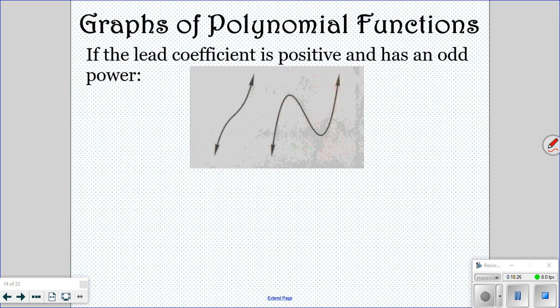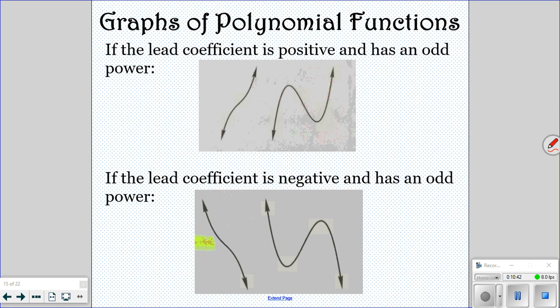Alright, so let's look at some more on what I was just going over. If your lead coefficient is positive and it has an odd power, it looks like a line going from endpoint to endpoint. You're going up like that. If it's negative and has an odd power, then it's still going to look like a line that has a negative slope going down.